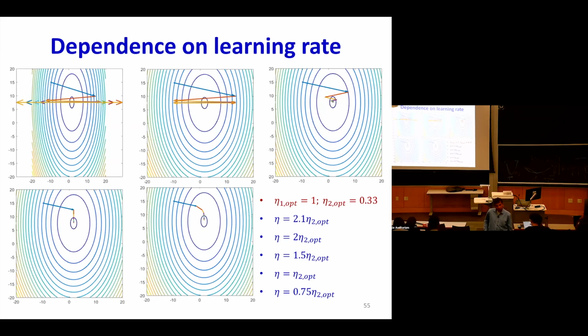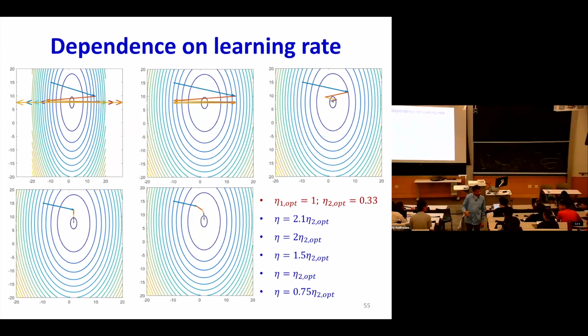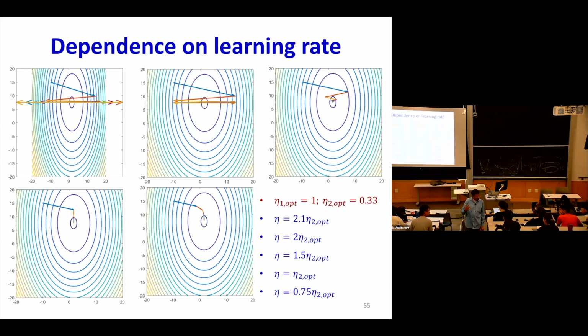Do I want the two optimal step sizes to be very different? Do I want the curvatures along the two directions to be very different? Because what happens then? One may converge and one may diverge, right? I ideally want the optimal step sizes to be the same for both directions.